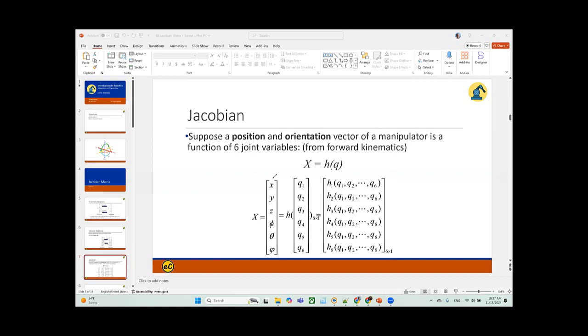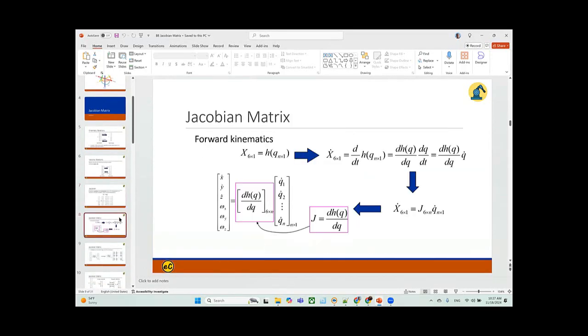So usually it is a 6x1 matrix. Okay. And this 6x1 matrix can be modeled as a 6x6 matrix when you take the derivative, and now it becomes the Jacobian matrix.